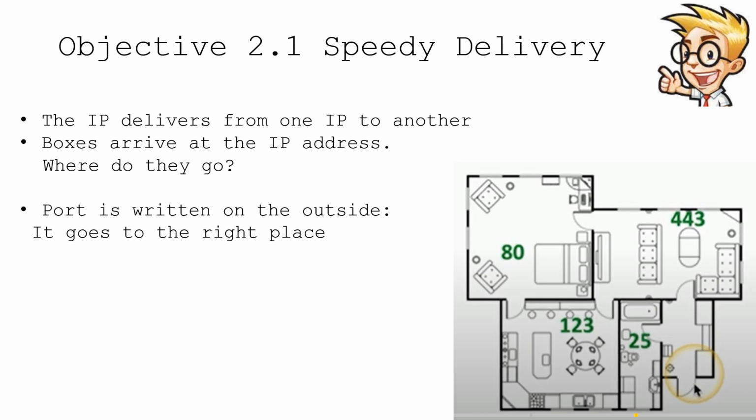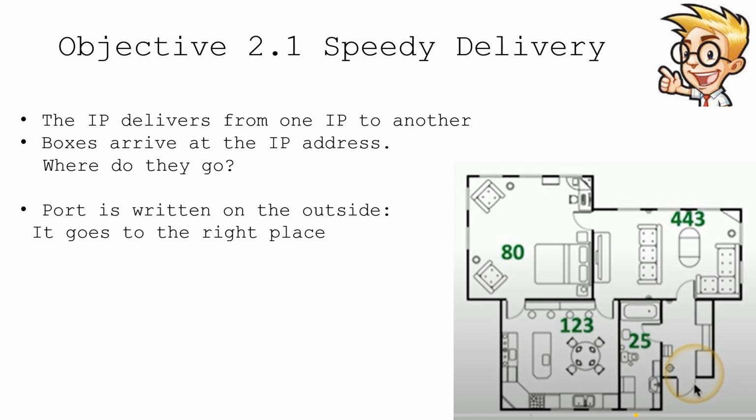That port number determines what room in the house it's going to, or in this case, the actual server or application on the server that it needs to address. The port number is written on the side of the box, and so when it arrives, you can figure out what app, what port, and what address it needs to go to.